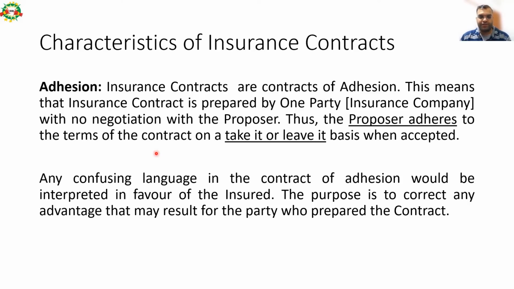I have to accept it as it is, without any conditions. Any confusing language in a contract of adhesion would be interpreted in favor of the insured. The purpose is to correct any advantage that may result to the party who prepared the contract.